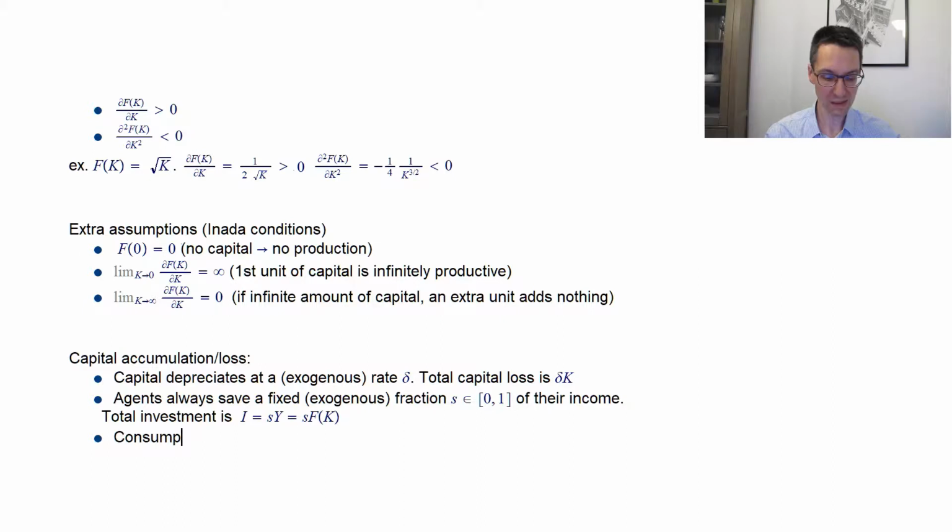So I could write consumption as C equals Y, what I produce, minus what I invest, S of Y. And I can also write it as 1 minus S times F of K.